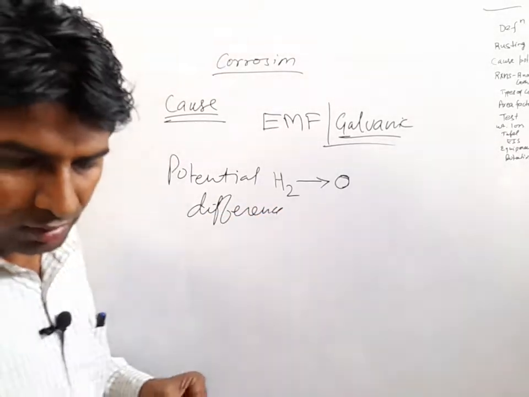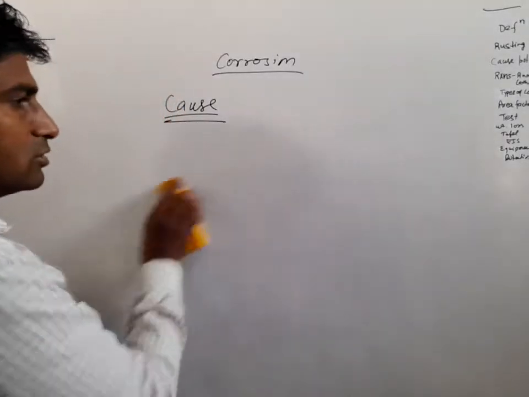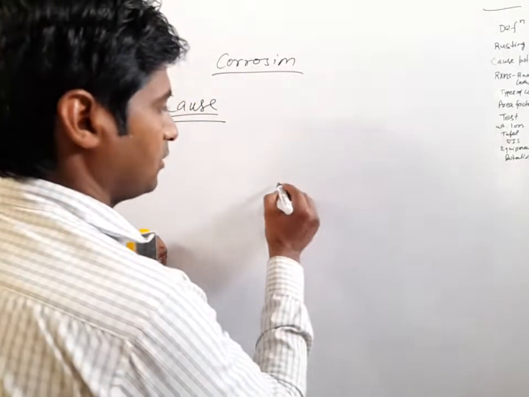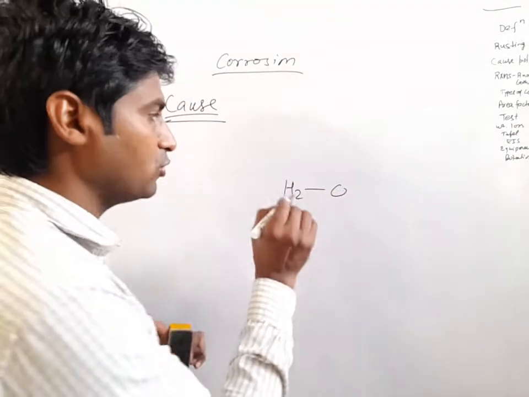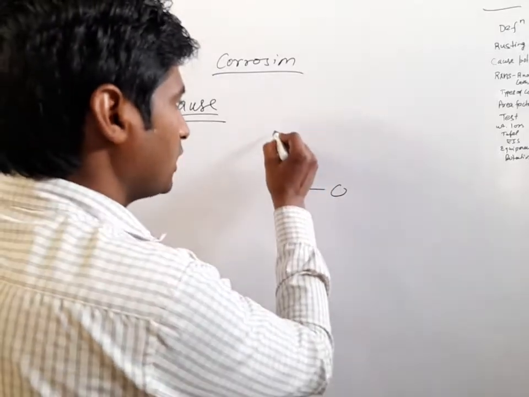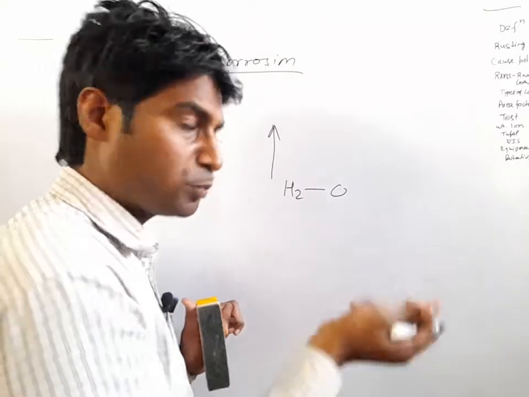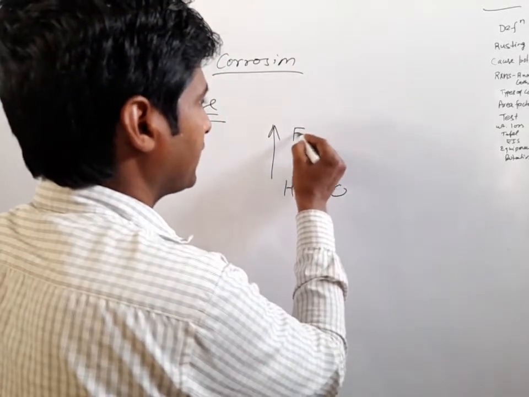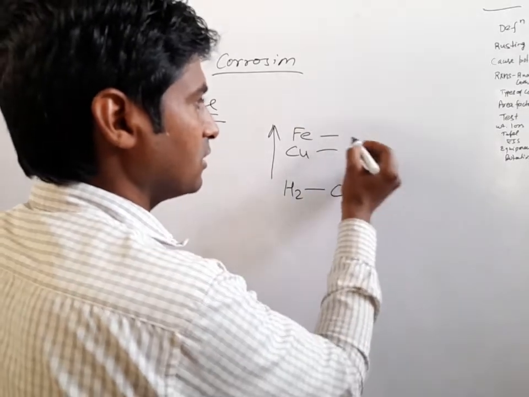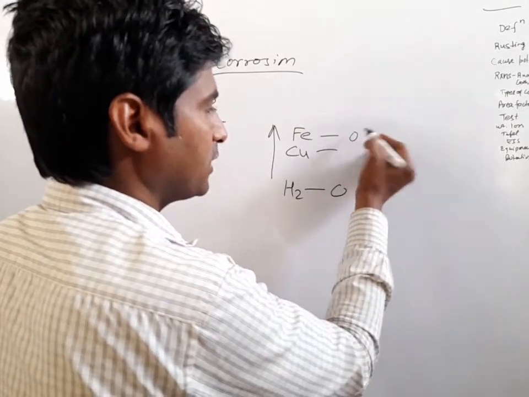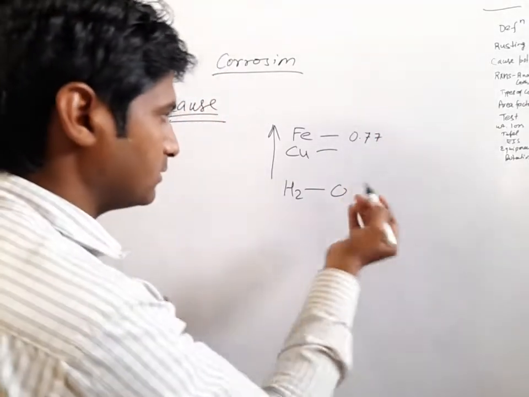Now in this series, suppose in the center we have hydrogen. It has zero potential. The metals above it have positive potential, like iron and copper. Suppose iron has approximately 0.77.